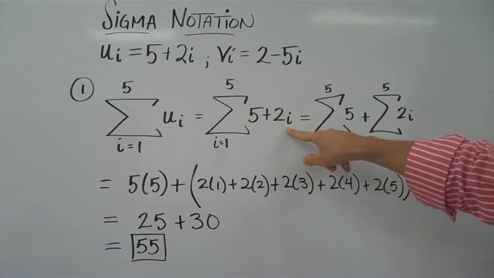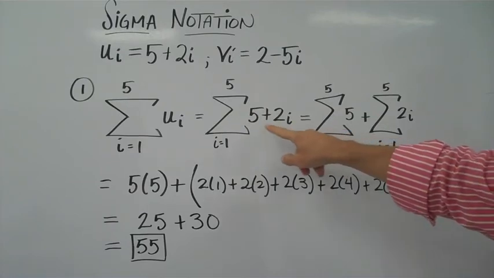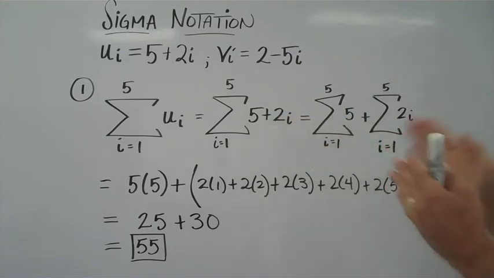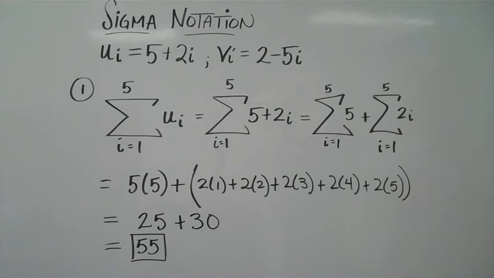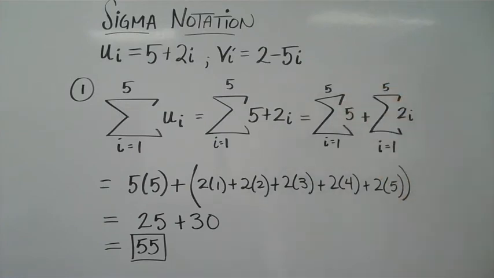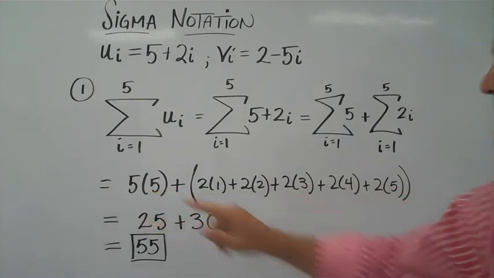We learned that one of the properties of the sigma is that it's distributive. So I can write this as 5 plus 2i and split it up into two different sigmas. Well, what is the sigma of 5 with a top n of 5? It's simply going to be 5 times 5 because this is a constant. That's where I get 5 times 5.